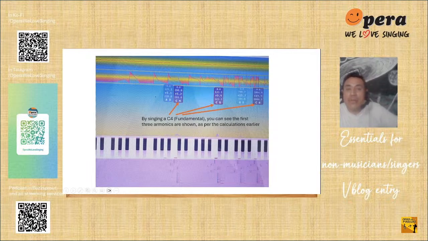And that the second harmonic was going to be a G5. I didn't enter the arrow because it was going to look overcrowded. But you have the fundamental, the C4, its first harmonic, the C5. The system read the existence of the harmonic at G5 and the third harmonic at C6.